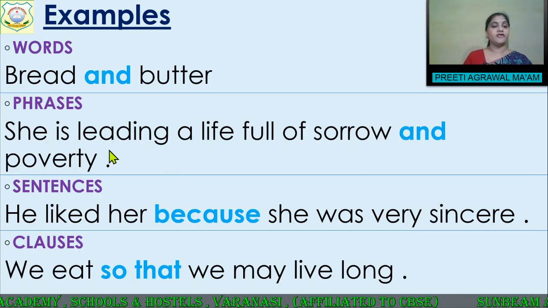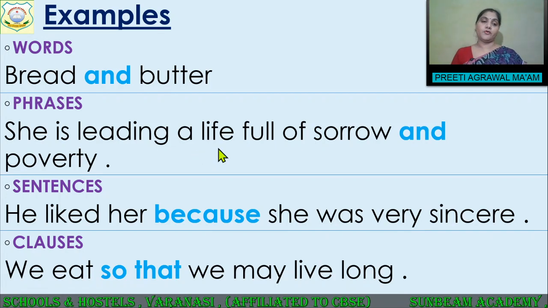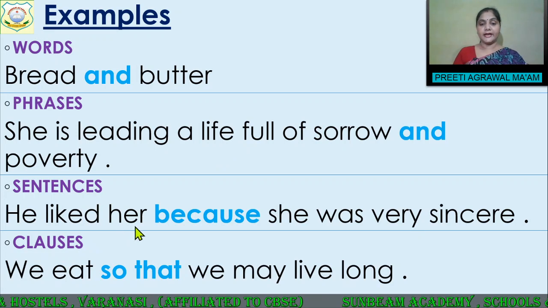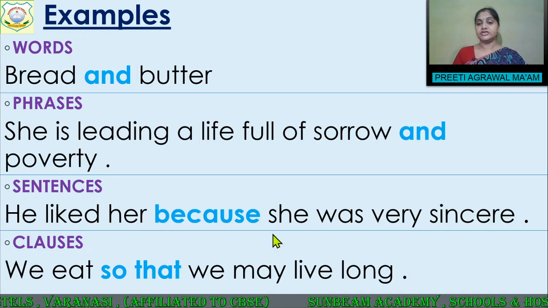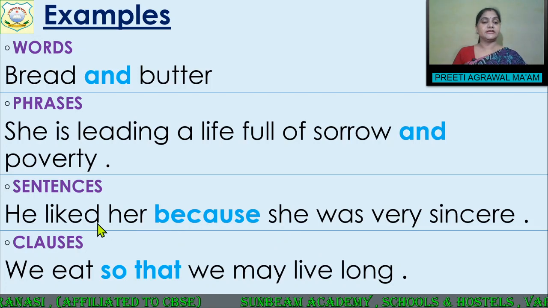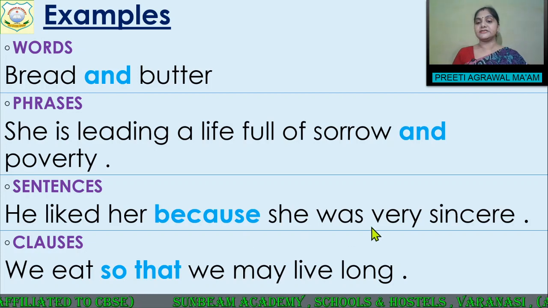And you can see here a phrase, she is leading a life full of sorrow and poverty. We can use a sentence also: he liked her because she was very sincere. You can see here two sentences, he liked her, and another sentence, she was very sincere.